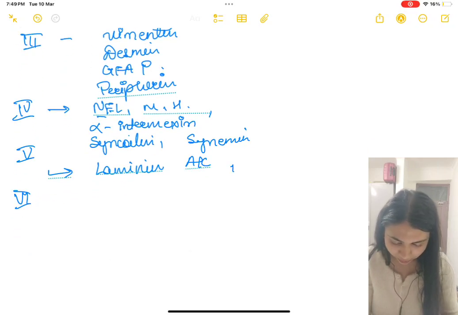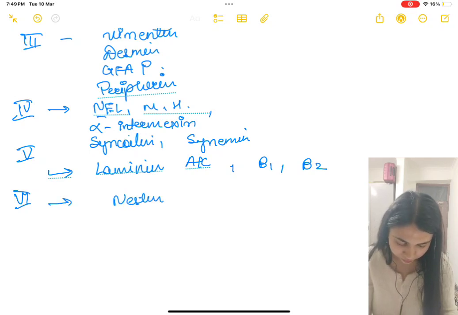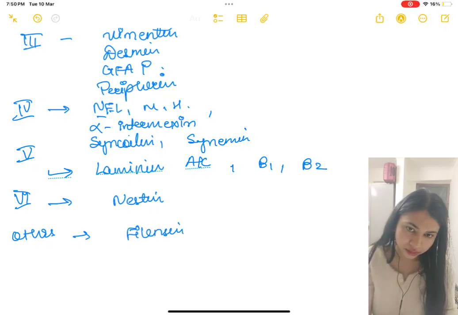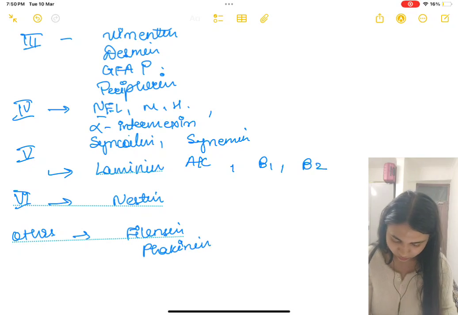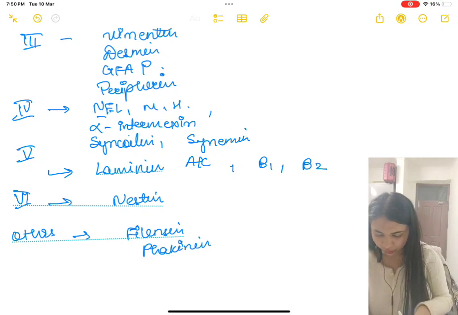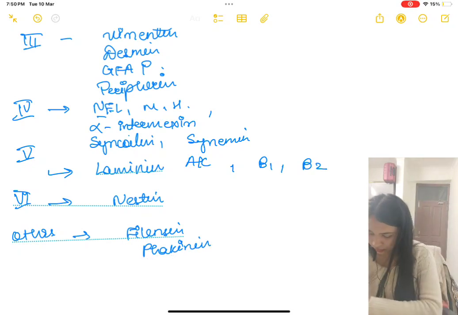So type 5 you have lamin A/C, lamin B1 and lamin B2. Type 6 you have nestin and others, such as filensin and phakinin. Now these are your types of intermediate filaments.